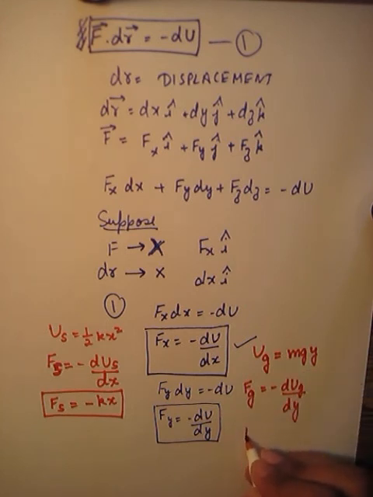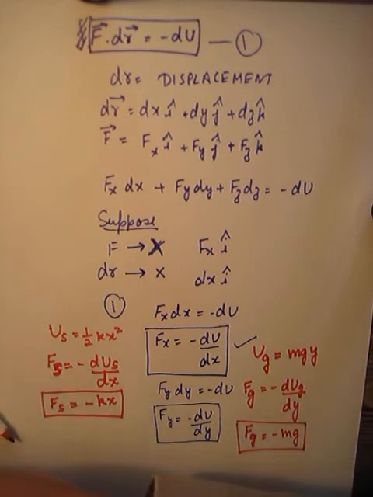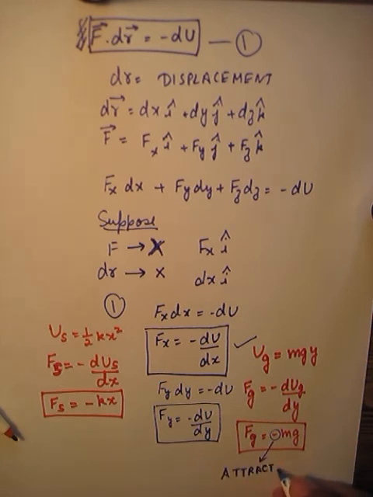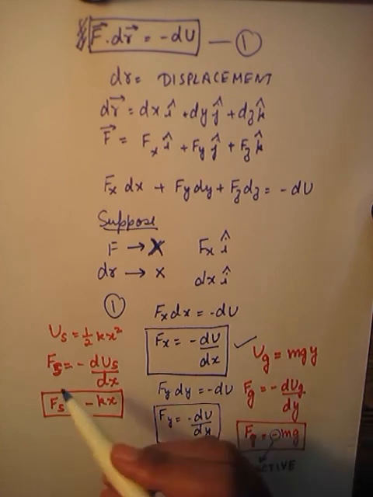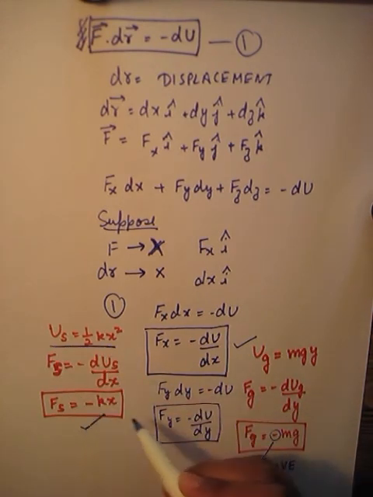Then it will give the gravitational force to be minus mg. Now this minus mg just means that the gravitational force is always attractive. It is never repulsive. This is what it means. So if you know the potential energy, you can get the forces.